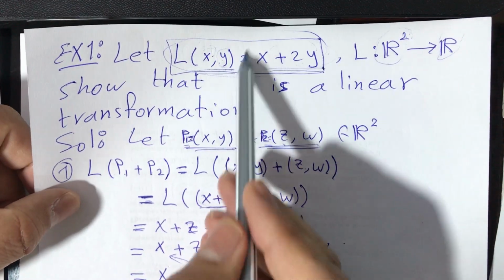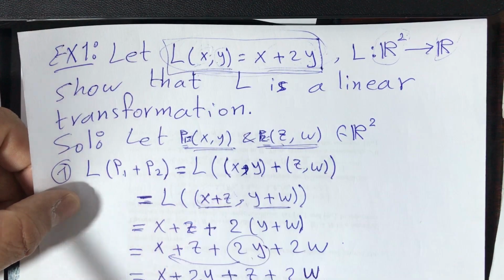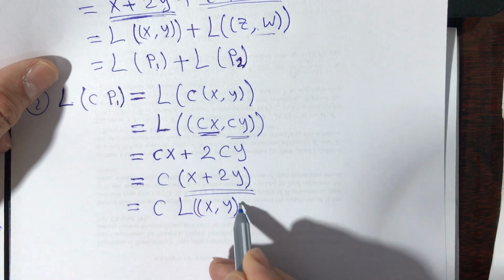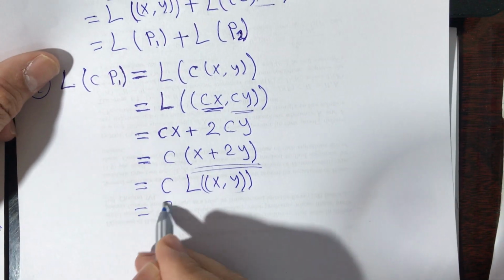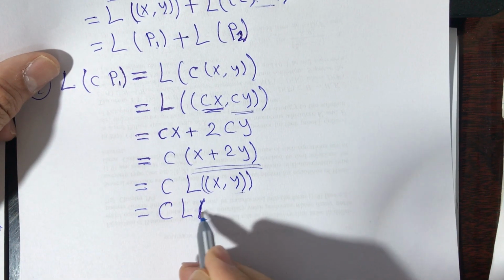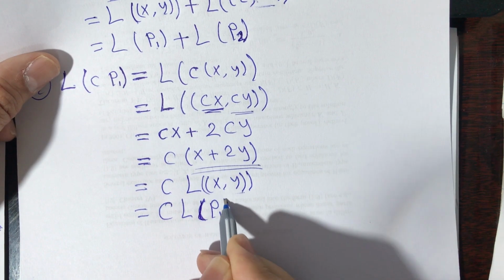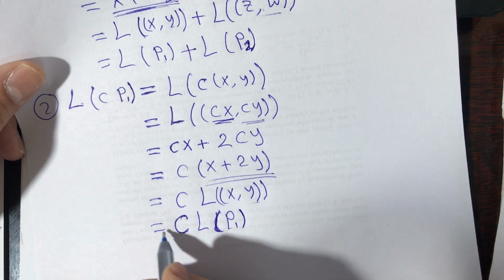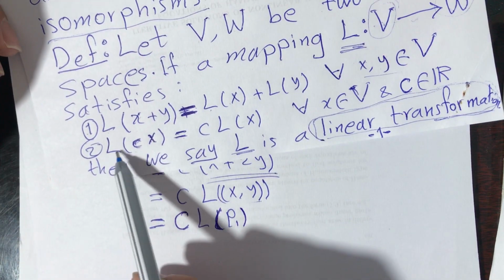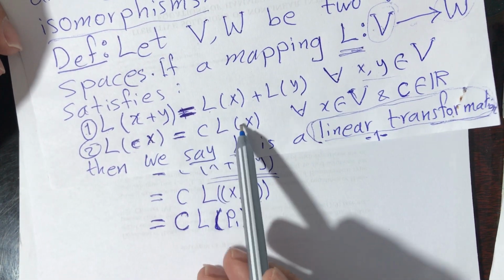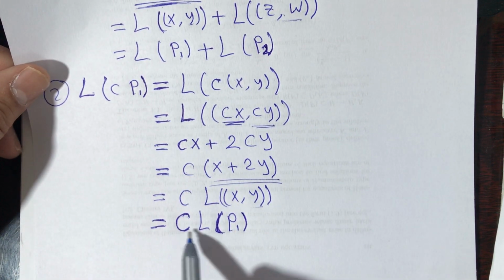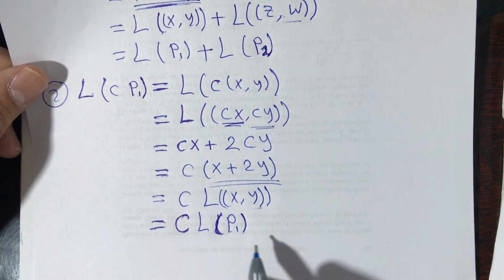Now this is equal to, where P1 is x, y, C times L of P1. So now we satisfy the second condition: L of Cx is equal to C L of x, and here L of C P1 is equal to C L of P1.